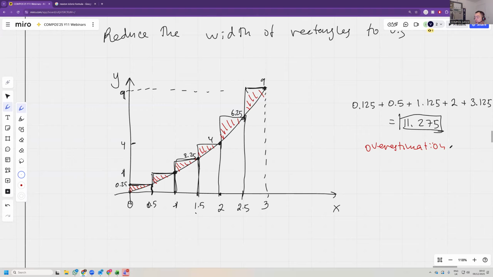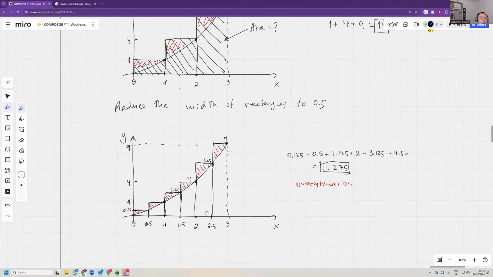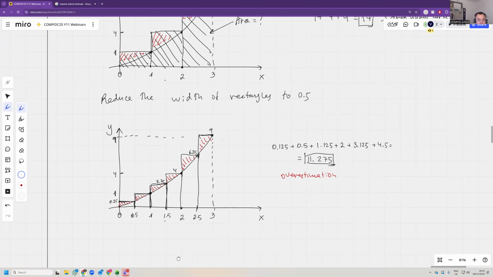You could take the left and right Riemann sums and calculate the mean, absolutely, and that would give you an even better approximation, of course. But for now, I'm just doing the right Riemann sums, an overestimation.